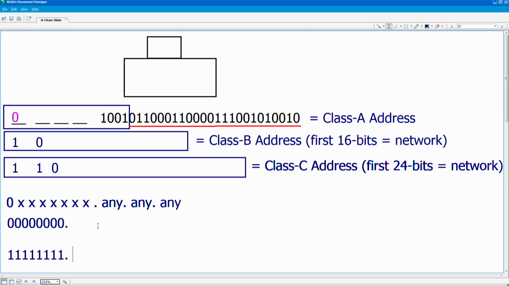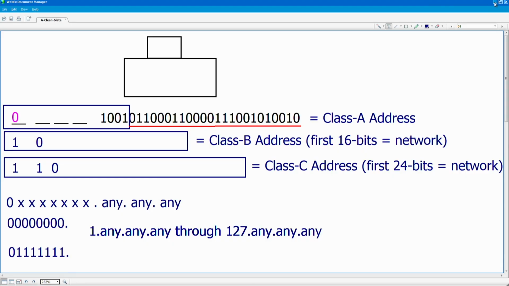So that basically tells us that from 1 dot anything through, actually, wait, hold on a second. It's still got to retain the 0 in the first bit. So we've got in the middle here 1 dot anything. That's our first usable Class A network through, and that number right there was 127.